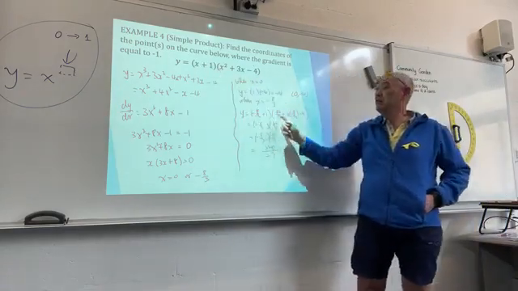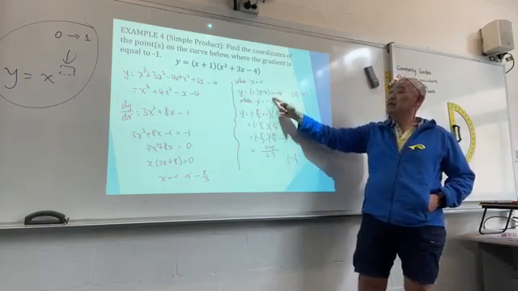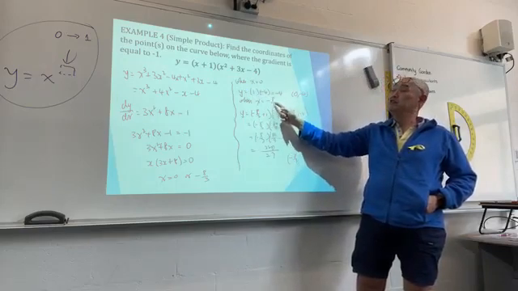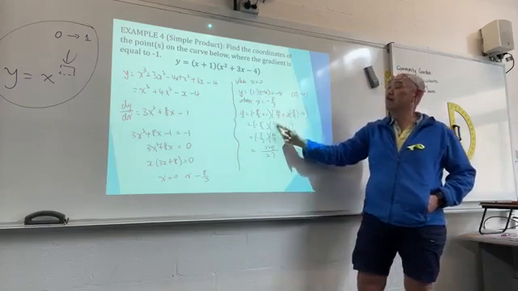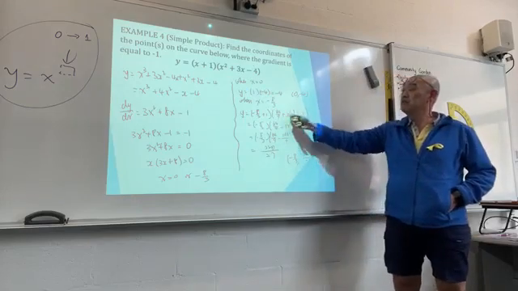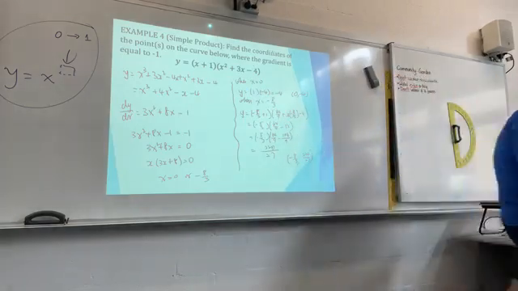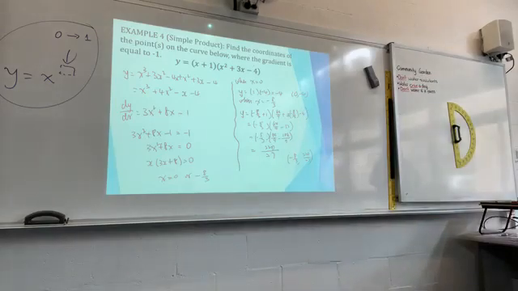So the square of this is minus 8 over 3 all squared, so 64 over 9. And then the rest, just substitute in. Then you've got two negative numbers. Negative times negative will give you positive.